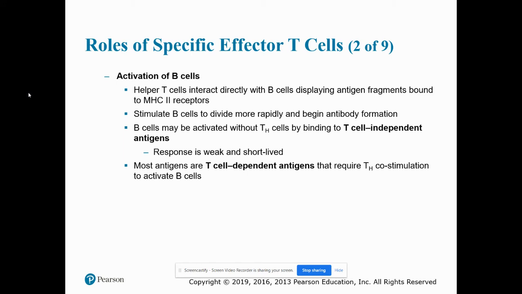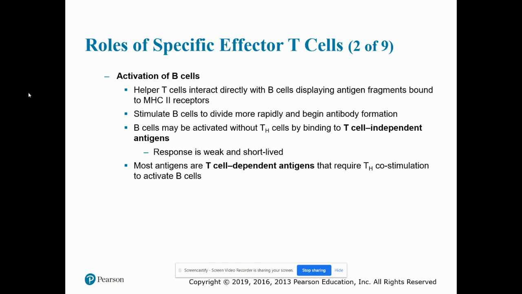Now, the activation of B cells. So that's what we're talking about now, is how we're going to activate B cells with these helper T cells. And these helper T cells are going to interact directly with B cells displaying antigen fragments bound to MHC2 receptors. They're going to stimulate the B cells to divide more rapidly and begin antibody formation.